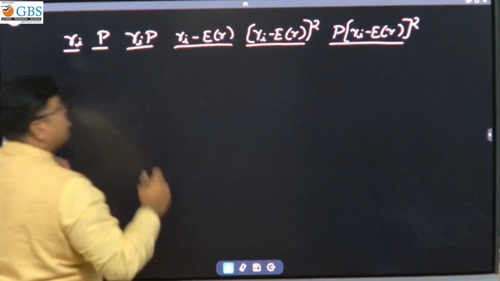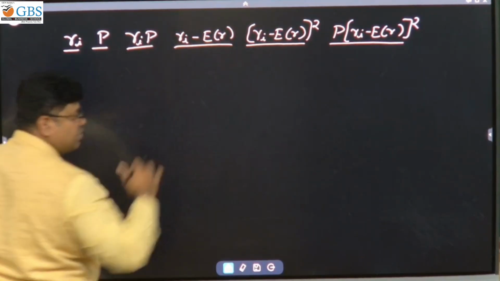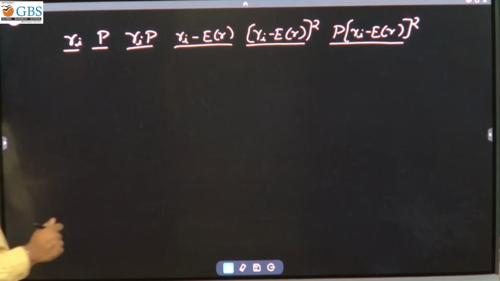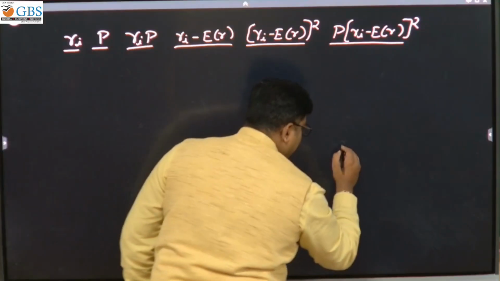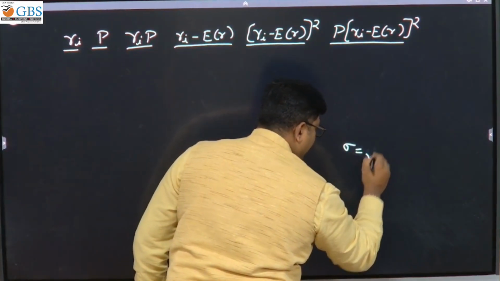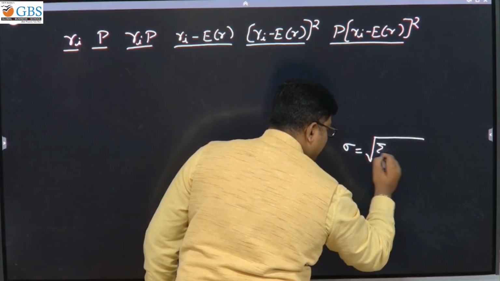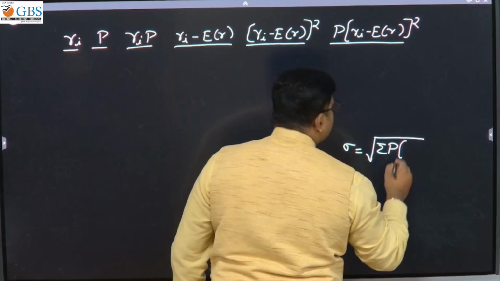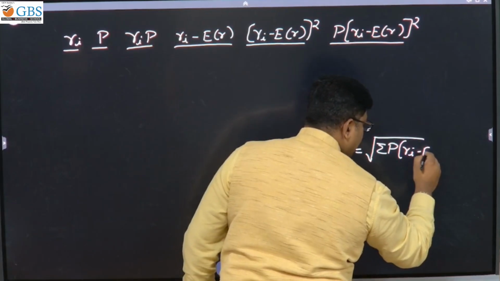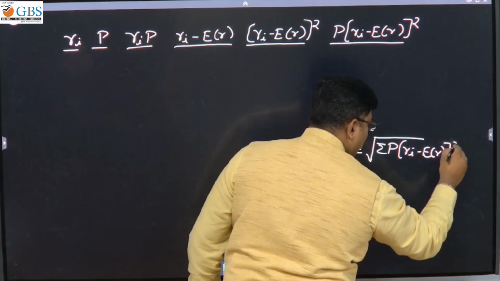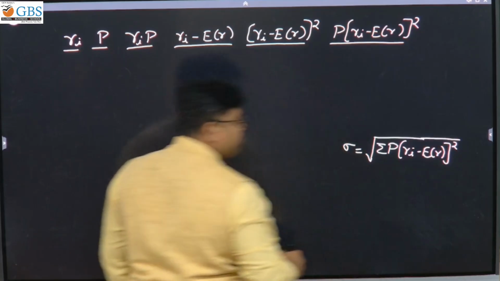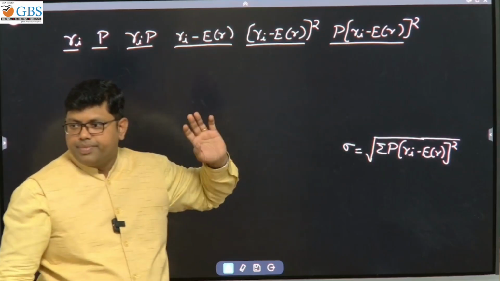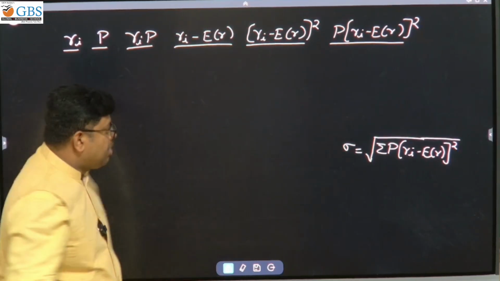How do we come to know that we'll get this many columns? Because we know the formula of standard deviation is the square root of summation P into Ri minus E of R whole square. For this to come, we need this many columns. Very simple. Correct? Shall we go?